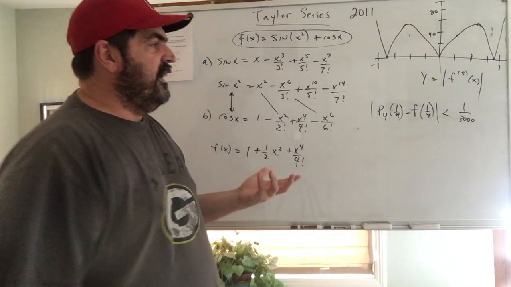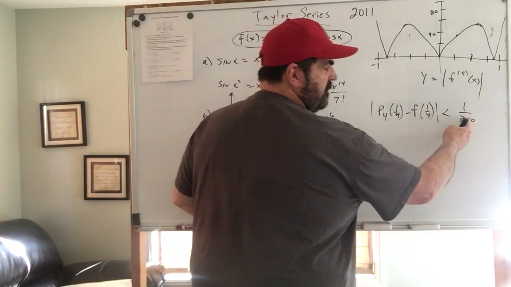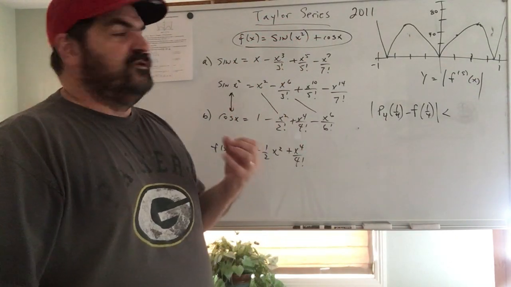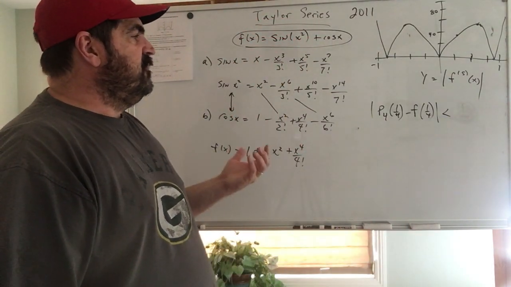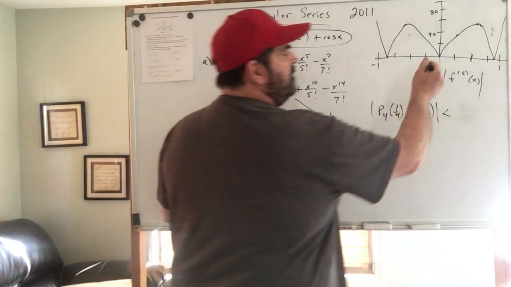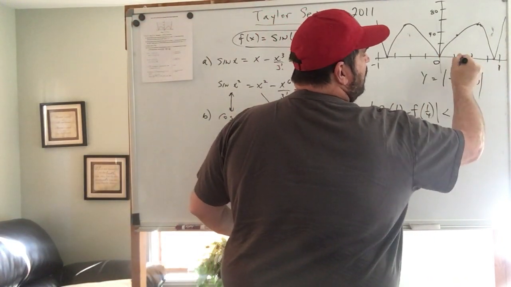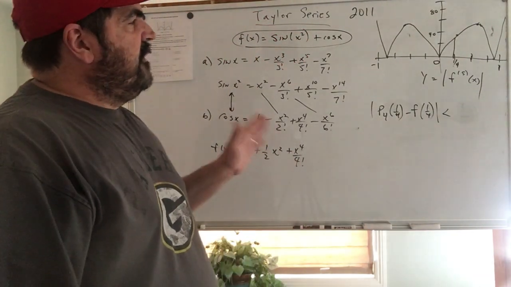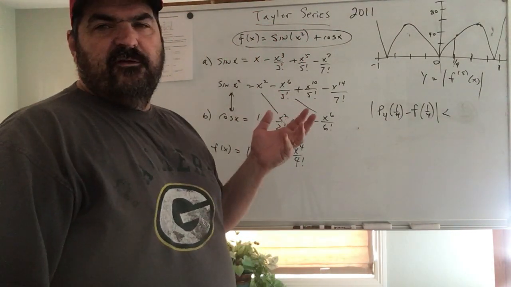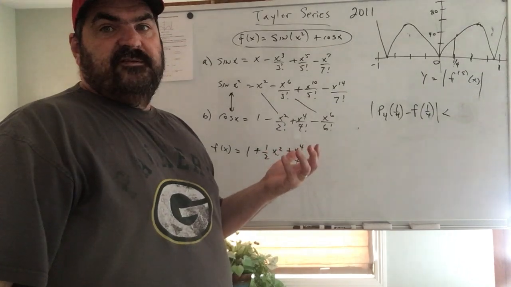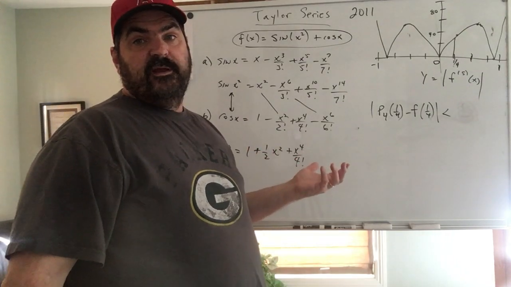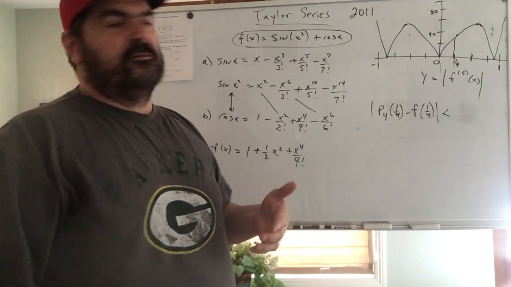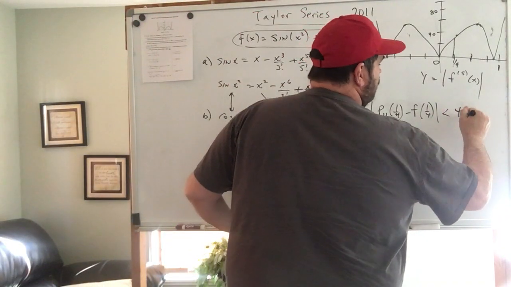Well, remember what the actual this is. It's the maximum of what the derivative could be. So what is the maximum at 1/4? Well, if this is 0, this is 1. Right here is 1/4. If I look at the graph carefully at 1/4, it looks like it's around 38 or so. But you could cover your bases by being oversure and saying 40. You're hurting your chances of it working at 40, but if you can show it for 40, of course it works for 38. So you just do 40.